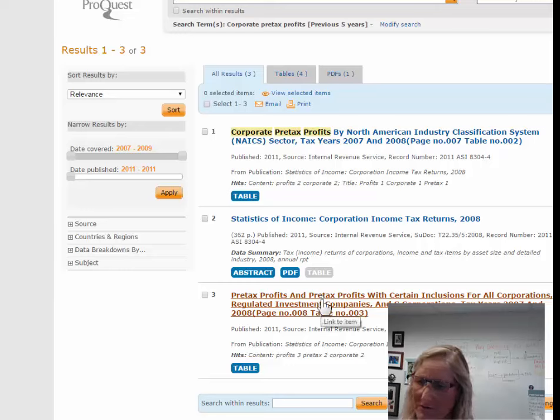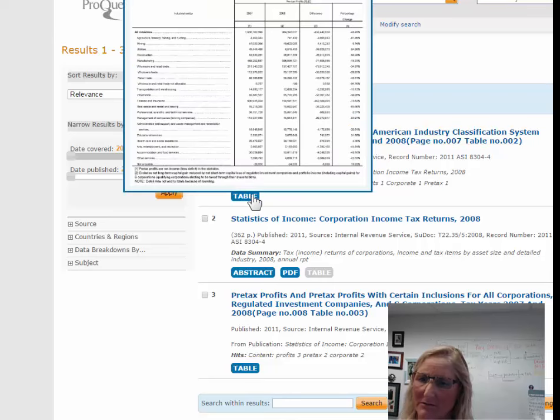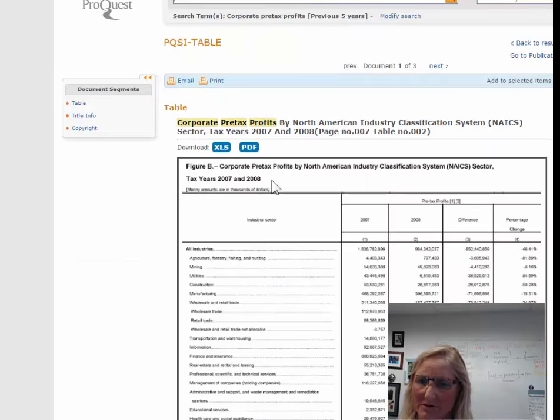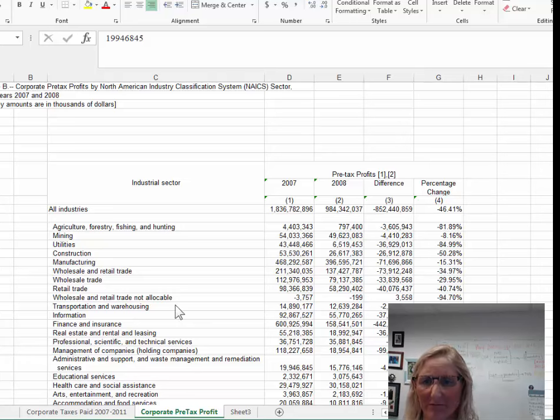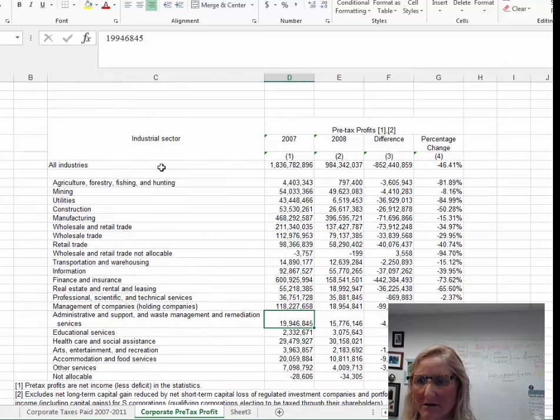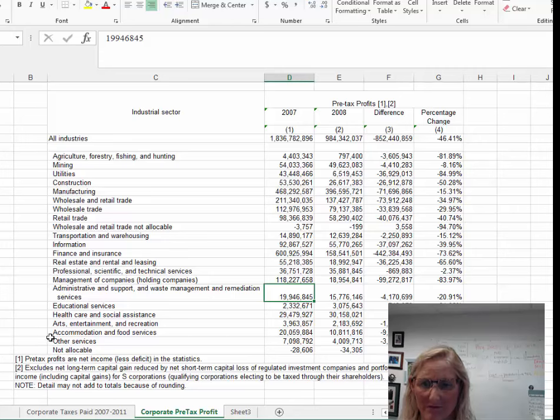So here we've got statistics of income. This is corporation tax returns, and then we've got pre-tax profits 2007 and 2008. But I guess I'll just take a look at this one. This one seems like it might work, so I'll download this with Excel, stick it in my other spreadsheet, and then just take a look at it. So here we go.